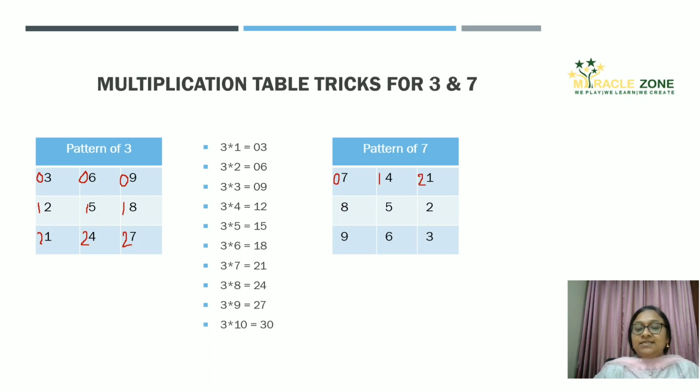The next 8 is greater than 1, so we will keep the same number. 5 is less than the previous number, so we will increment. 2 is less than 5, so we will increment. 9 is greater than 2, so we will keep the same number. 6 is less than 9, so we will increment. And the last number 3 is less than 6, so we will increment. And the last number is 70.